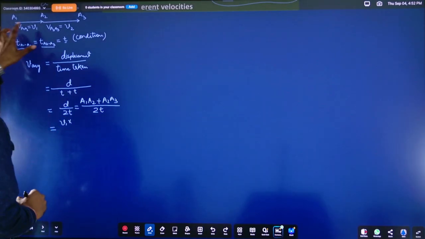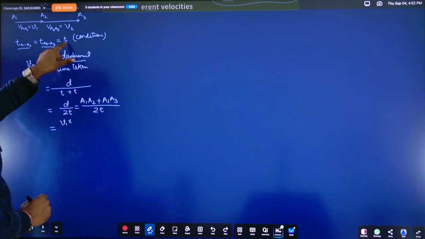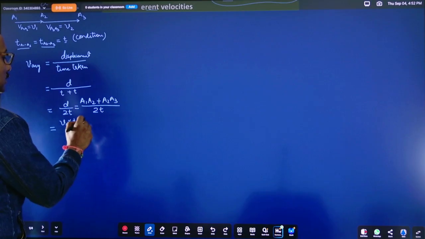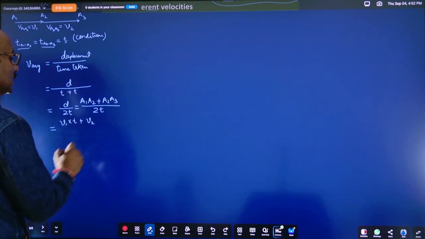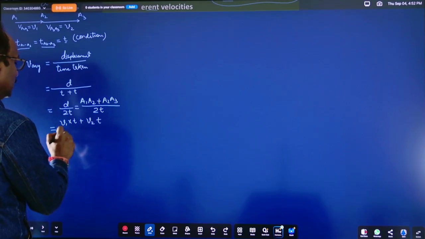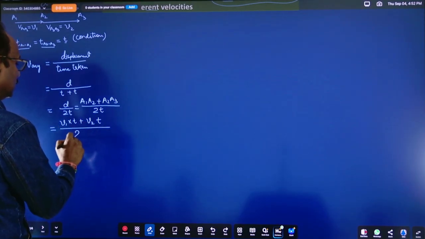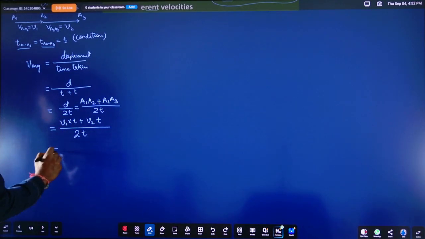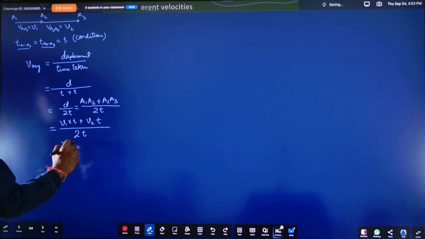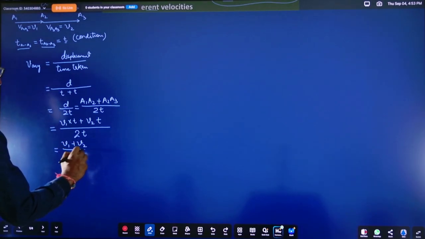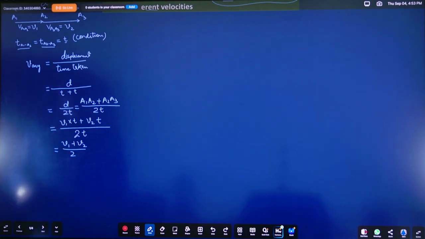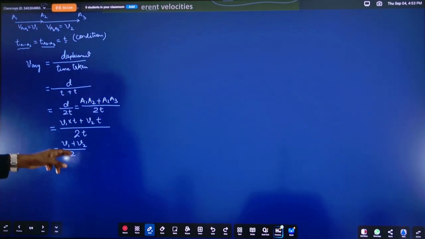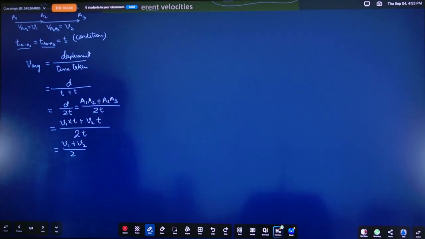How much time? T A1 A2 is equal to T. Same way A2 A3 is your V2 into T. So your T will cancel out. Average velocity will simply become the sum of velocity V1 and V2 by 2, half of the sum.